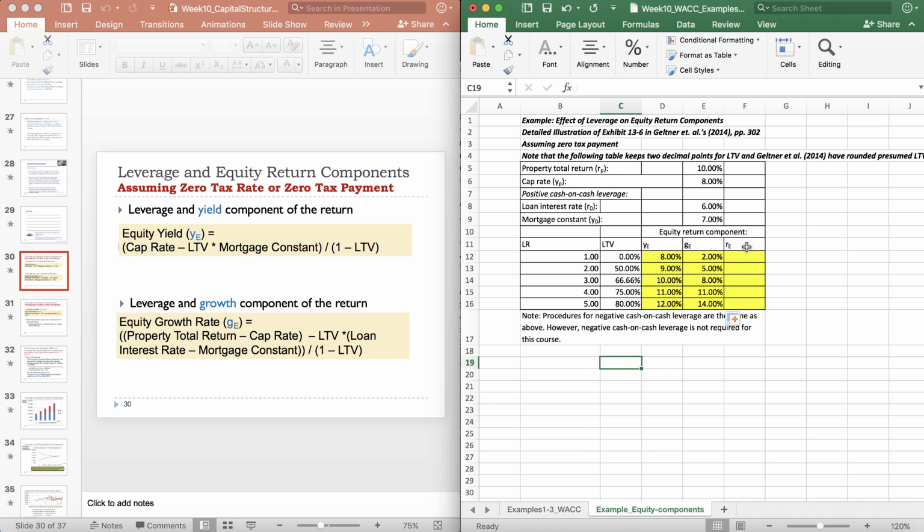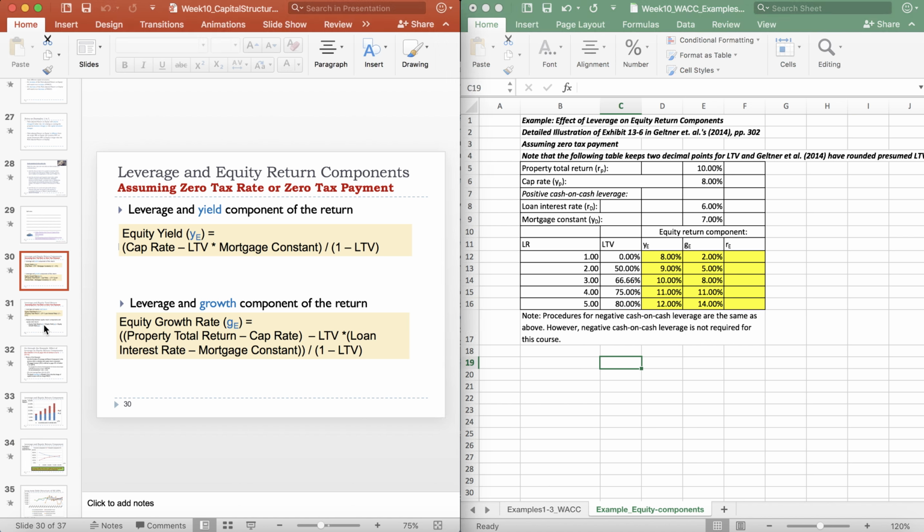And RE denotes the equity total return. This equity total return can be obtained by summing up equity yield and the equity growth component.